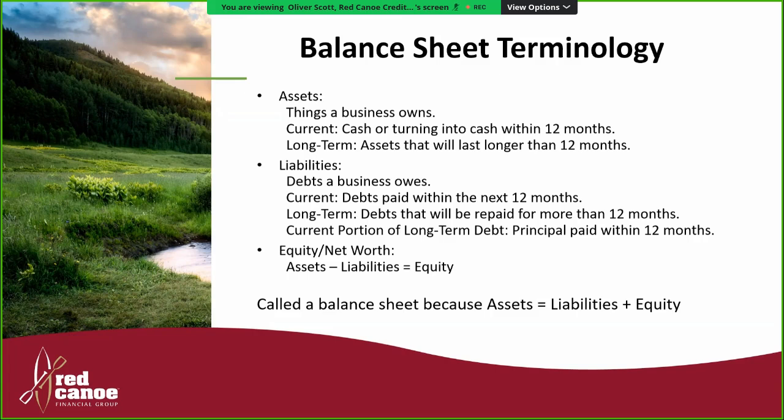Now it's called a balance sheet because assets need to equal liabilities plus equity. So there's that balance. If they don't show up the same, then you've made a mistake somewhere. Usually that mistake is in the equity section, and we'll get into the equity section in just a second.